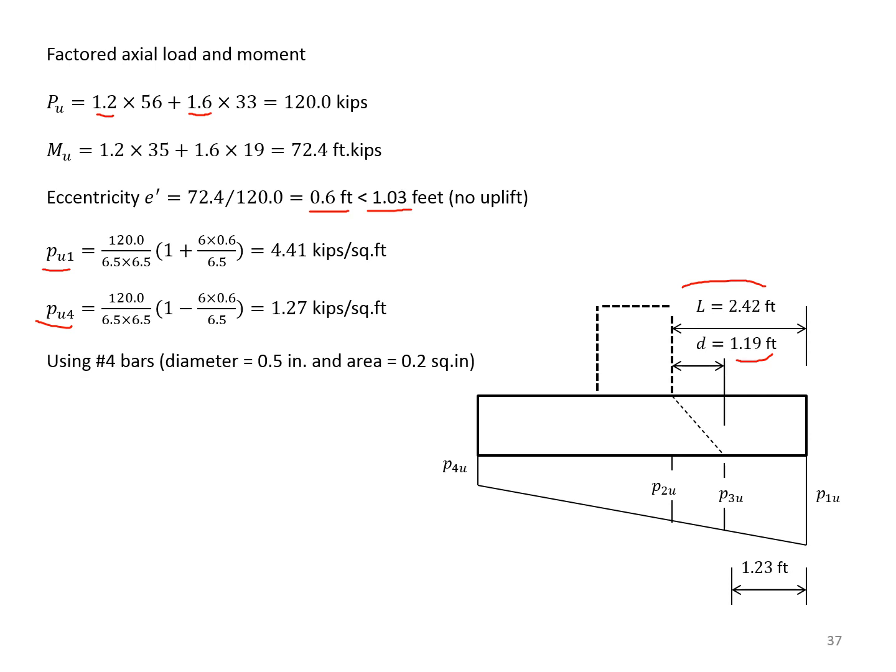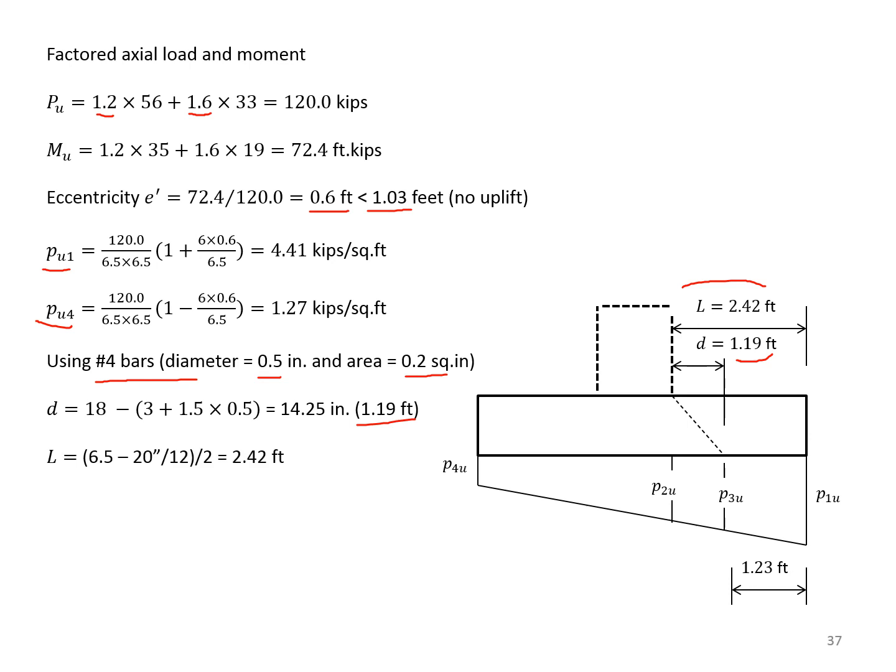So notice that here I start by using a number 4, and I suggest that you select the bar size first. It has a diameter of 0.5 inches, area of 0.2 square inches. So with that, I come up with the D, and that's how this D, 1.19, was computed. And L, therefore, is 2.42.